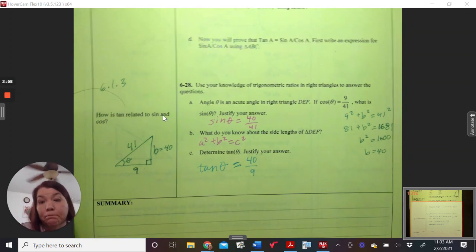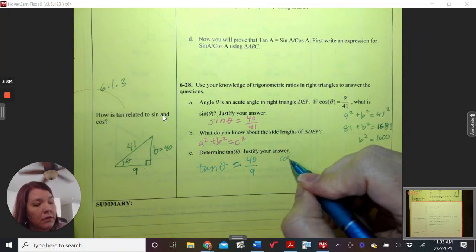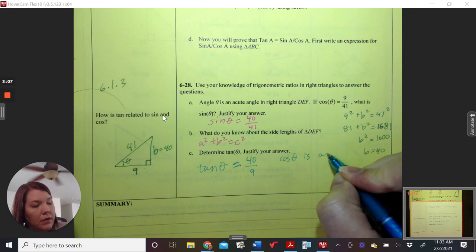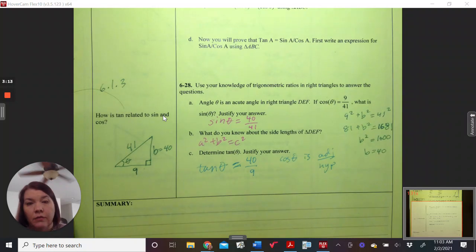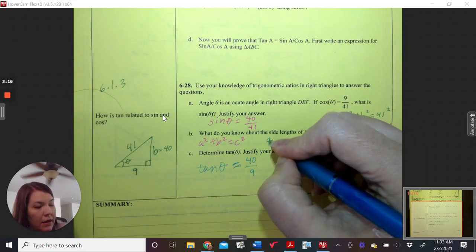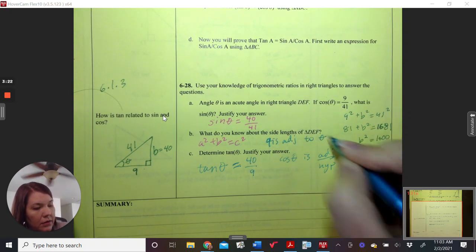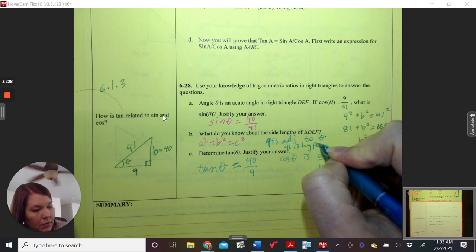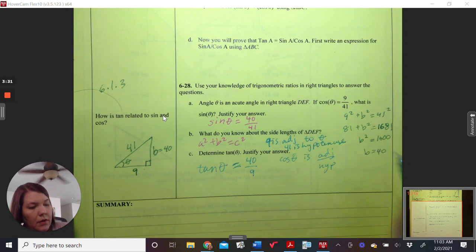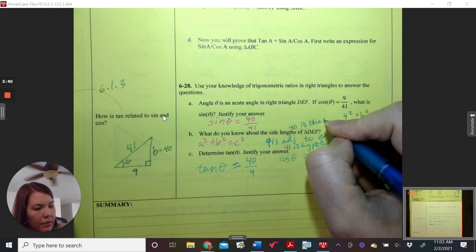And again, I know these sides because cosine is adjacent divided by hypotenuse, which makes 9 the adjacent side, 9 is adjacent to theta, 41 is the hypotenuse, which leaves me with 40 as the opposite side, opposite to theta.